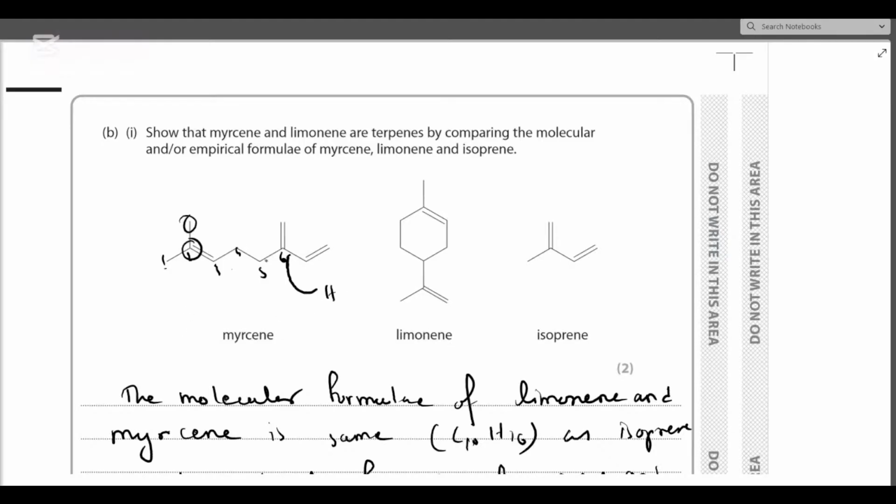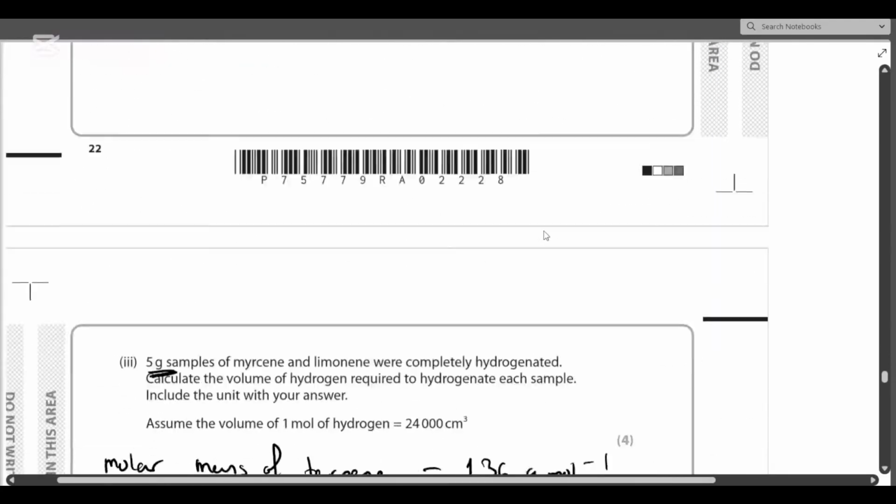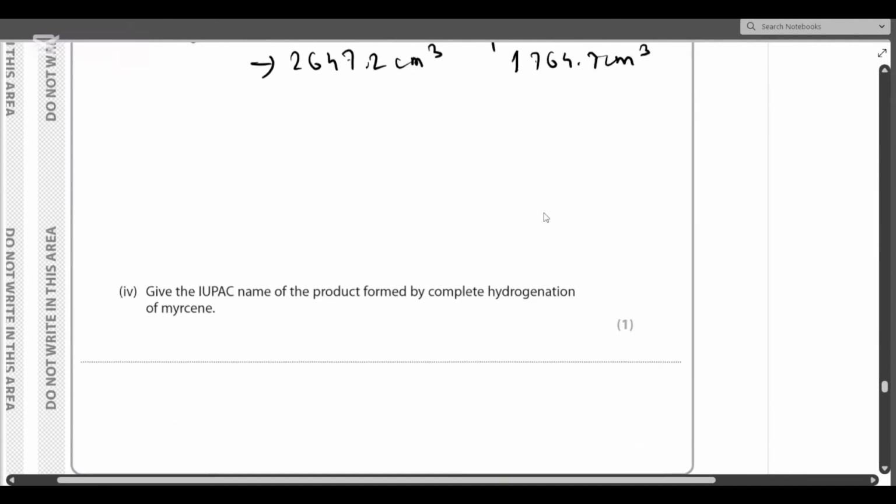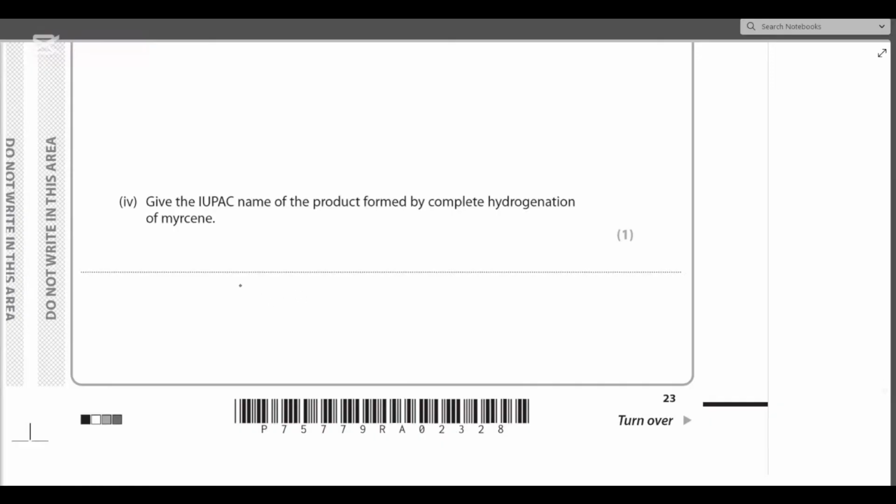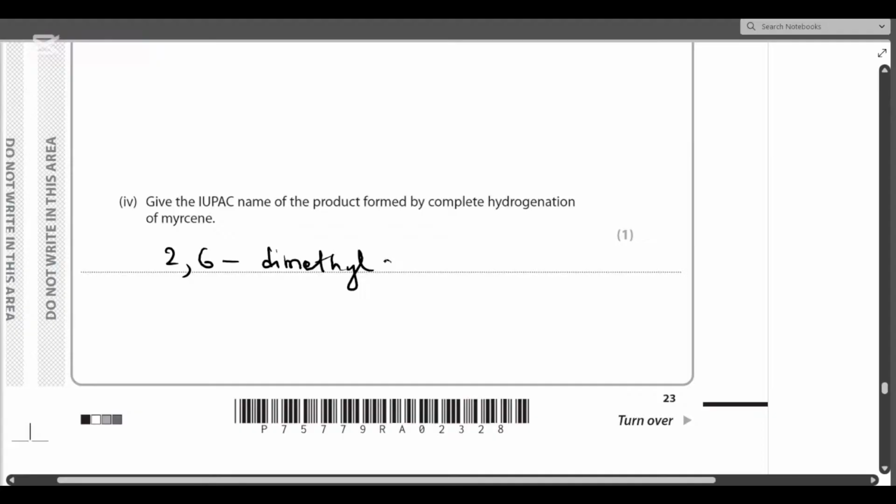Counting 1, 2, 3, 4, 5, 6, 7, 8, since there are 8 carbons in the main straight chain of the compound, it's an octane. So the IUPAC name is of course 2,6-dimethyl, since there are 2 methyl groups connected at the 2 and 6 carbon atoms respectively, and the main chain is octane, so we write 2,6-dimethyloctane.